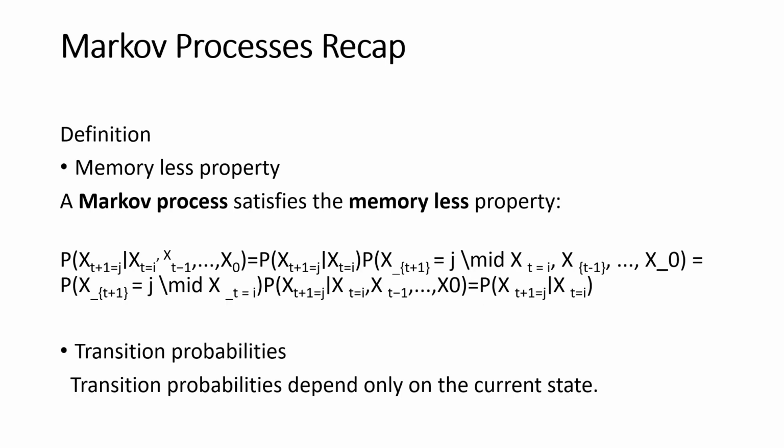The Markov process recap. The definition of a Markov process is the memoryless property. The Markov process satisfies the memoryless property, which can be represented by this equation.